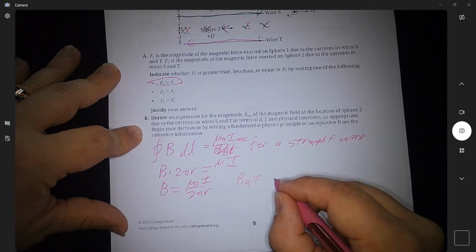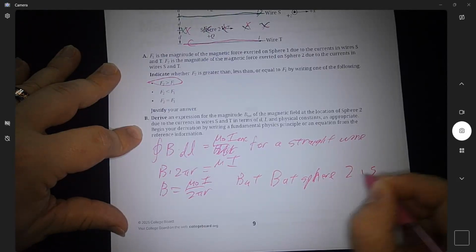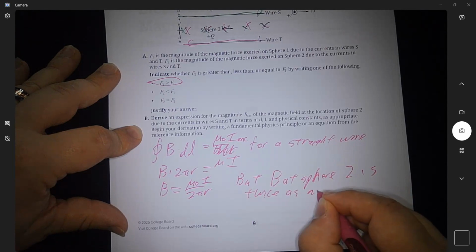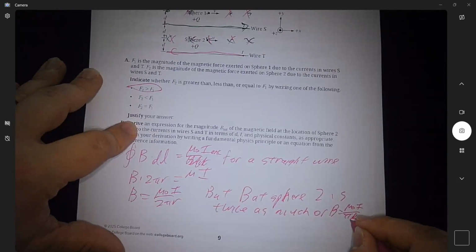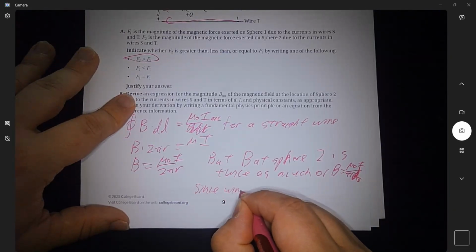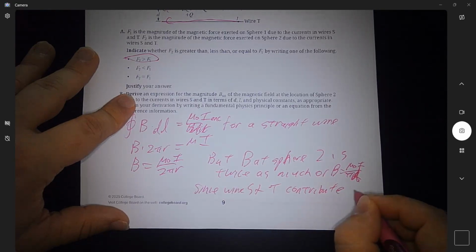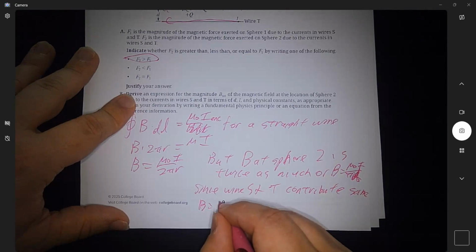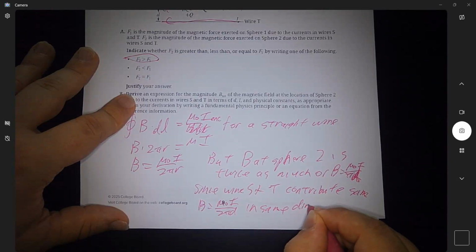But B at sphere 2 is twice as much, since wires S and T contribute the same. So B equals mu naught I over pi d, in the same direction. Okay, so there you go. So it's twice the magnetic field.